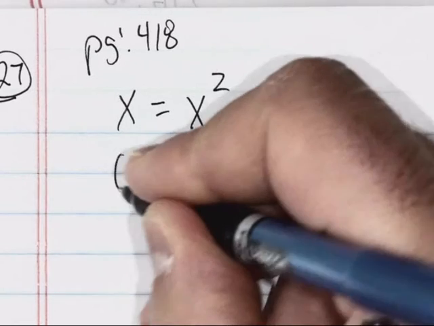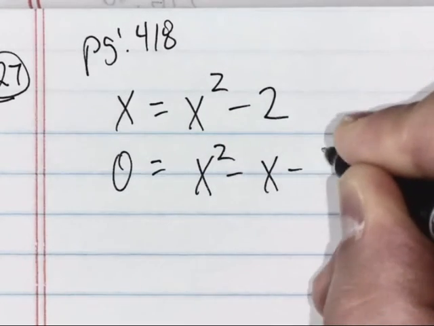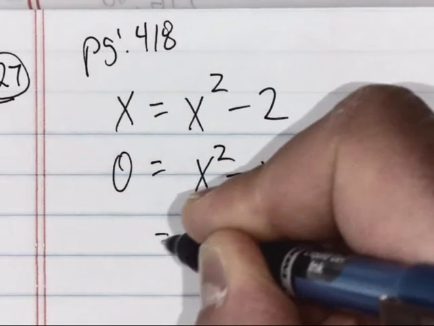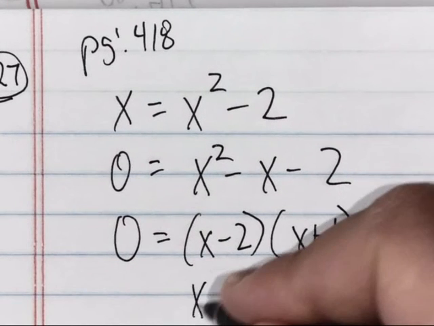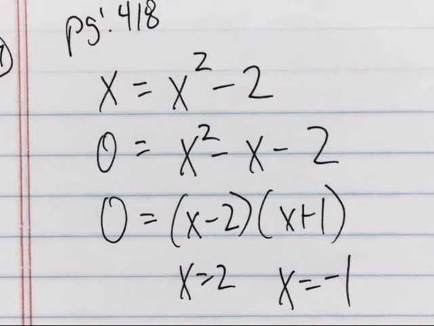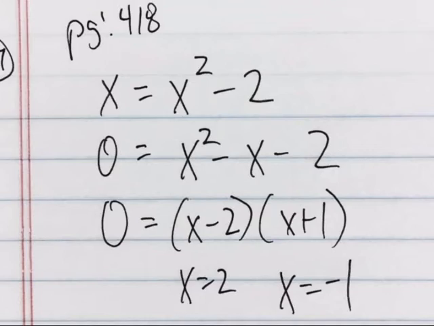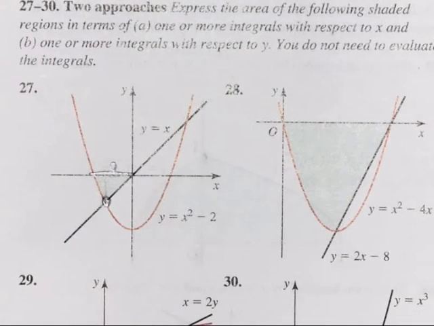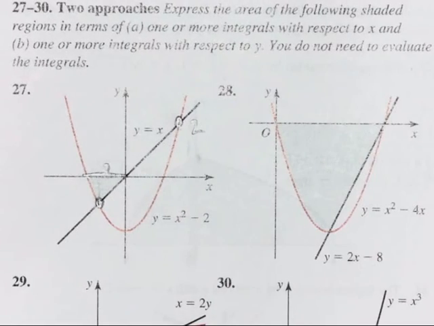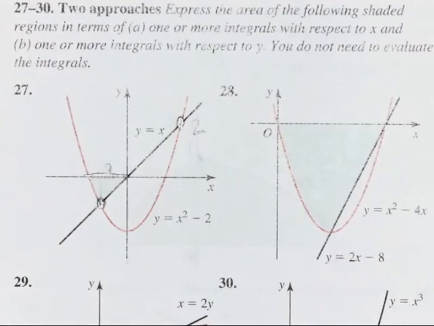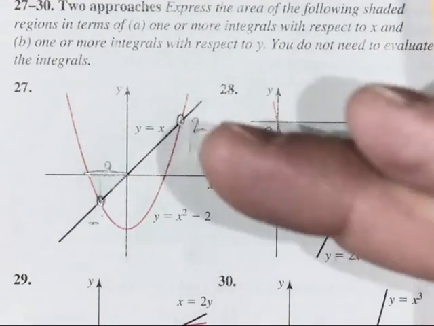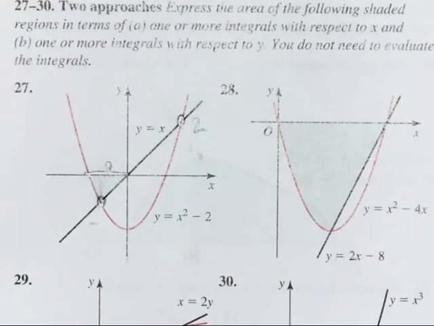Subtract the x over, factor this, so x equals 2, x equals -1. Those are the two intersection points where those two graphs intersect. Obviously this point here is going to be the point 2, which we do not need. And then this point down here is going to be -1, which we do need.